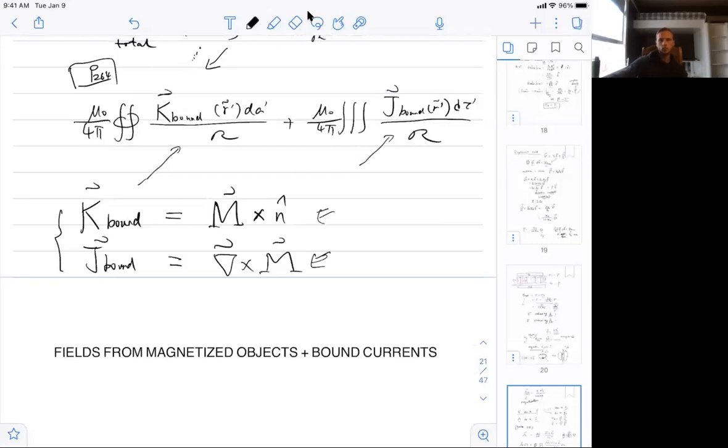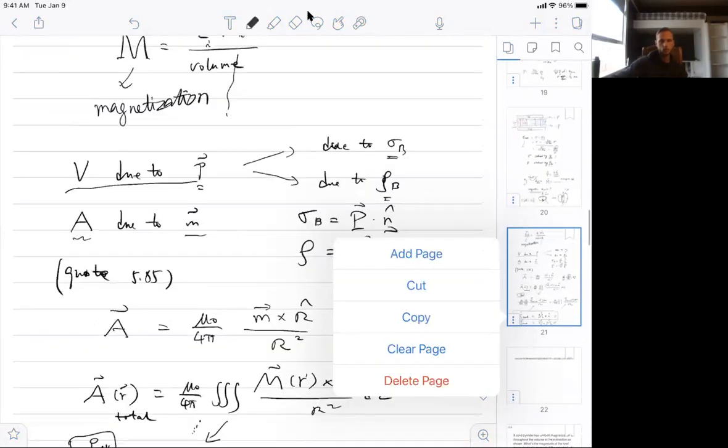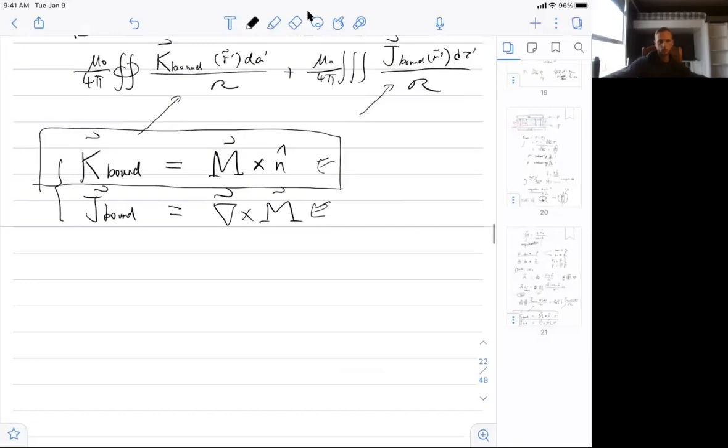Okay, now let's look at the bound current. How come a magnetization is equivalent to producing some bound currents? After we do a little bit of derivation, we will be able to do some questions on our own, but let's first look at the physical meaning of this term. These bound currents are imaginary, or effective, currents that generate the magnetic field.